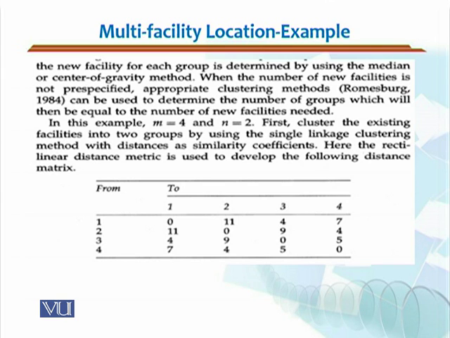So in group 1, I would be putting region 1 and region 3. And then 2 has a proximity with 4. From 2 to 4, we also have a distance of 4, so that means they are close to each other. So group 2 would be 2 and 4.